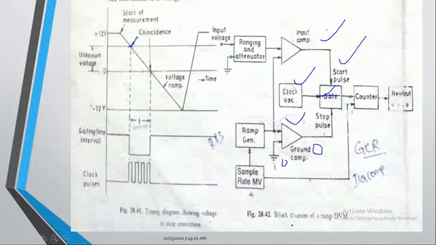In it, I generate the ramp signal as a known signal and compare its amplitude with the unknown signal. Whenever both amplitudes are equal, that is the starting point. Whenever the ramp signal crosses the zero level, that is the stopping point. Within this time period, the number of pulses counted by the counter is your unknown signal voltage.